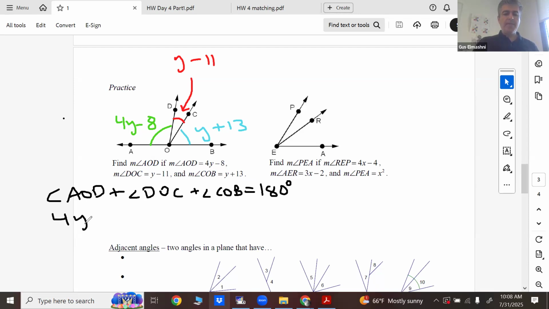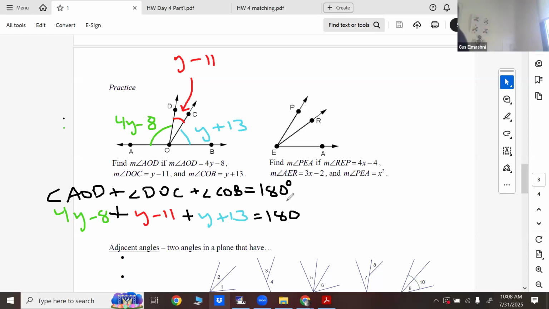Actually, let's go back to our vibrant colors. 4y minus 8 plus y minus 11 plus y plus 13 must equal 180.